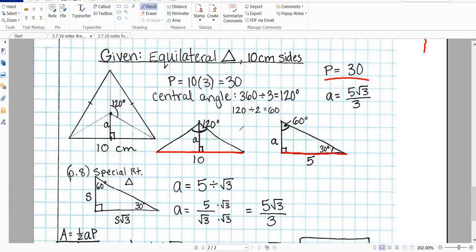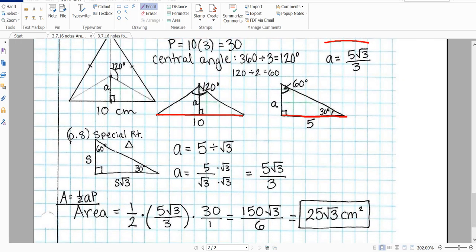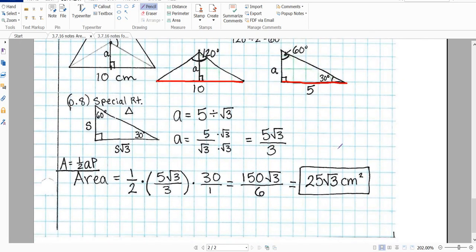A stands for our apothem right there. Since we had 120 degrees all the way across here, our bisected angle gives us half of that, which is 60 degrees here. And now we have another 30, 60, 90 triangle, so another special right triangle. So again, you can look back on page 8 in your notebook if you have that with you, and we can solve for our apothem in a little bit simpler form instead of doing like tangent of a ratio.